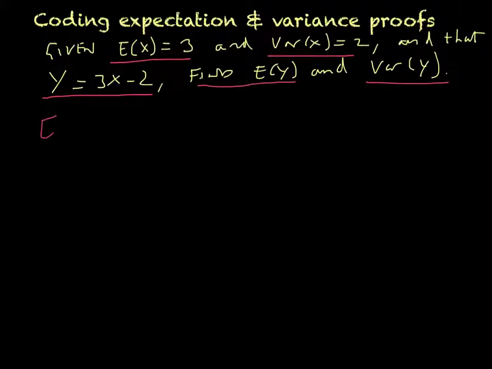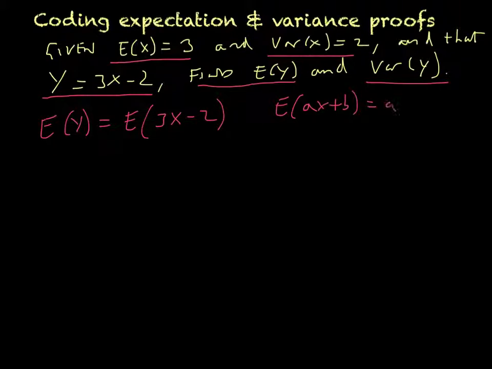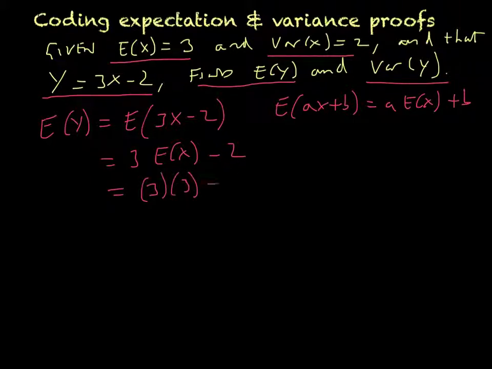So when we say E of y, we are actually saying E of 3x minus 2. And since we know that E of ax plus b is the same as a E of x plus b, this is the same as 3 E of x minus 2. And we know that E of x is already 3. So 3 lots of 3 subtract 2 gives us 7. E of y must be 7.